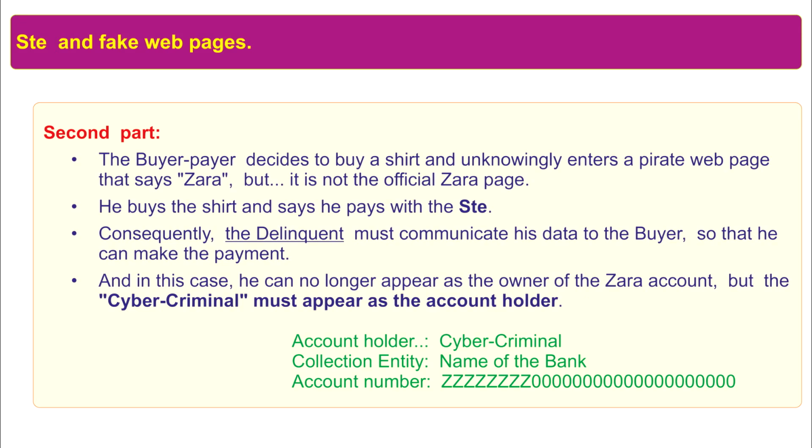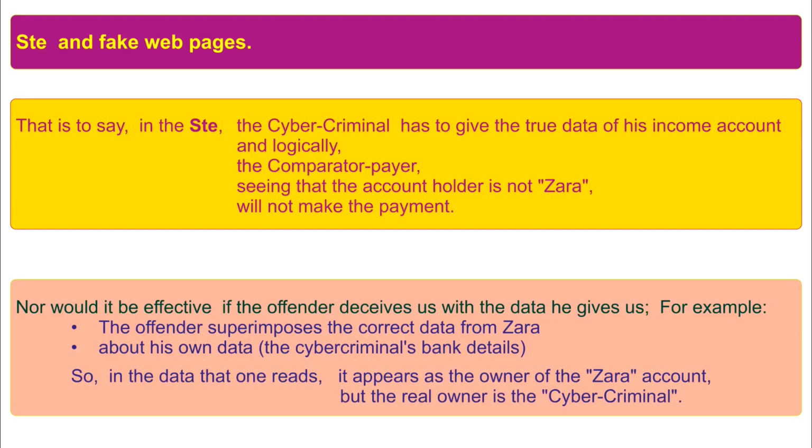And in this case, he can no longer appear as the owner of the Zara account, but the cybercriminal must appear as the account holder. That is to say, in the STE, the cybercriminal has to give the true data of his income account, and logically, the buyer-payer, seeing that the account holder is not Zara, will not make the payment.